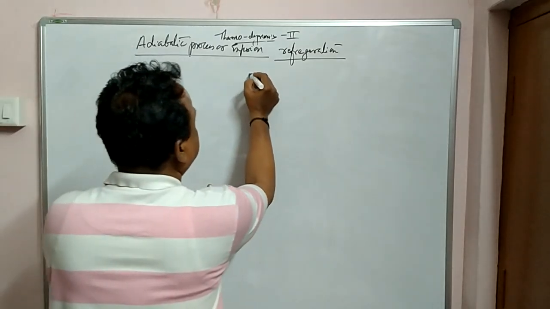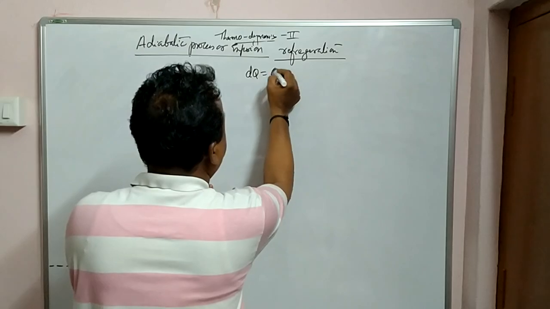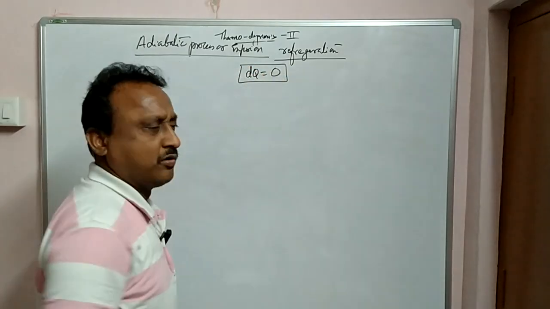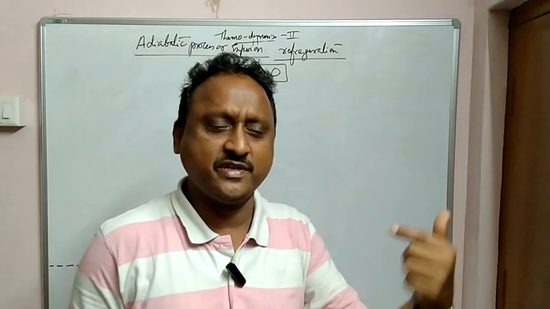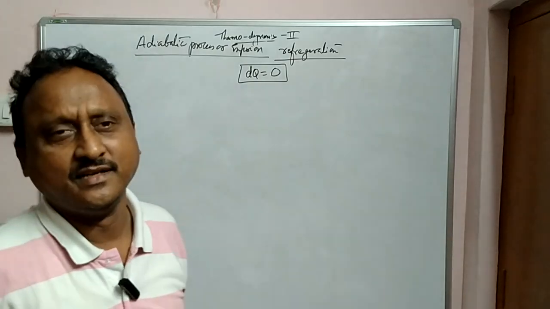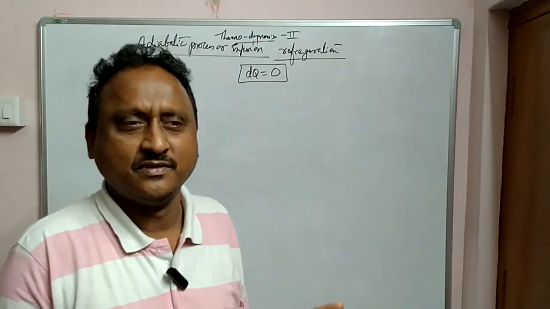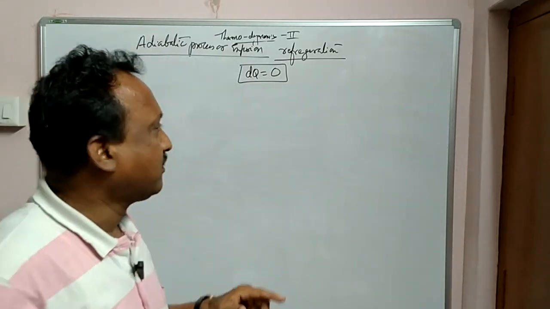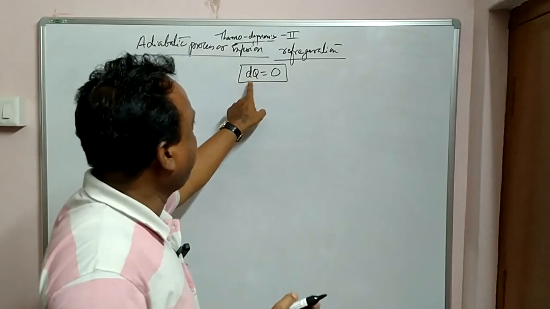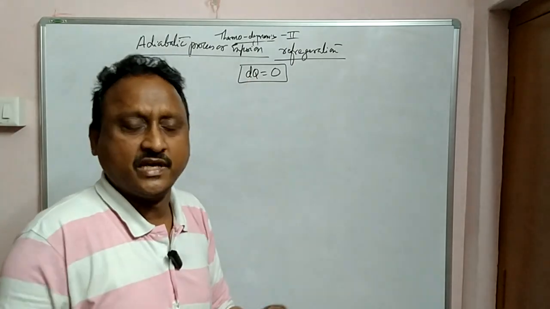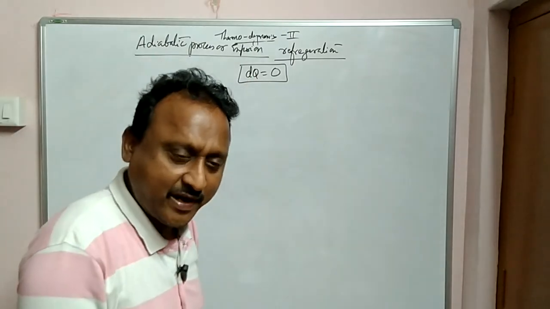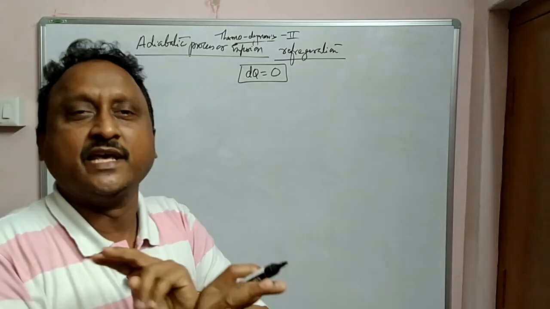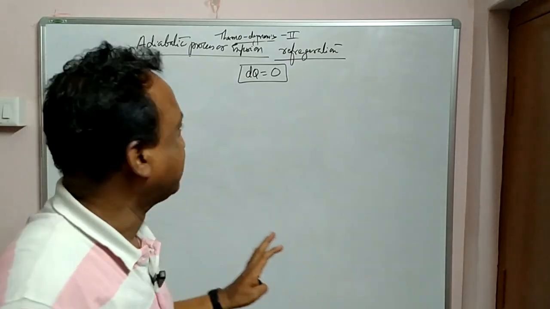And not only that, in this dq is equal to 0, very very important. No heat will be going from outside to inside and inside to outside. Completely it is closed. Okay, completely it is closed, మొత్తం క్లోజ్ చేస్తుంది. అందుకే dq amount of heat is 0 given to the system 0. లోపల నుంచి కానీ బయట నుంచి కానీ సిస్టంలోకి వెళ్ళేది ఏమి ఉండదు. dq is completely 0.